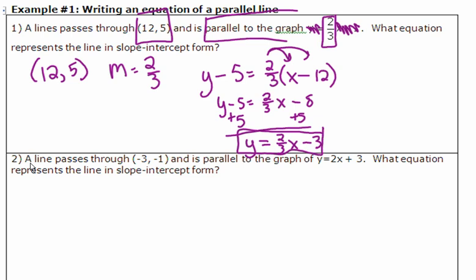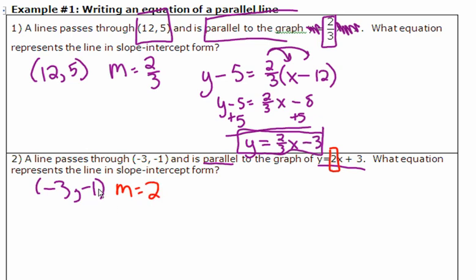So let's try one more of these. A line passes through (-3, -1) and is parallel to the graph of y equals 2x plus 3. Since it's parallel to this graph, it means they have the same slope. So if the slope of this line is 2, the slope of my line is also 2.